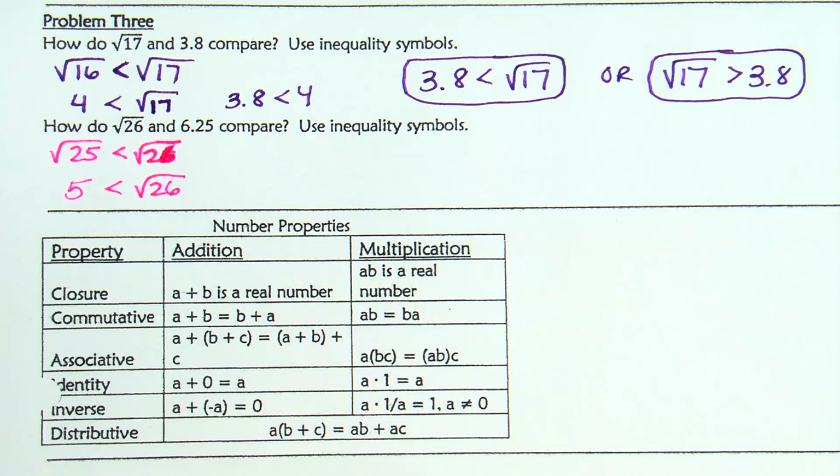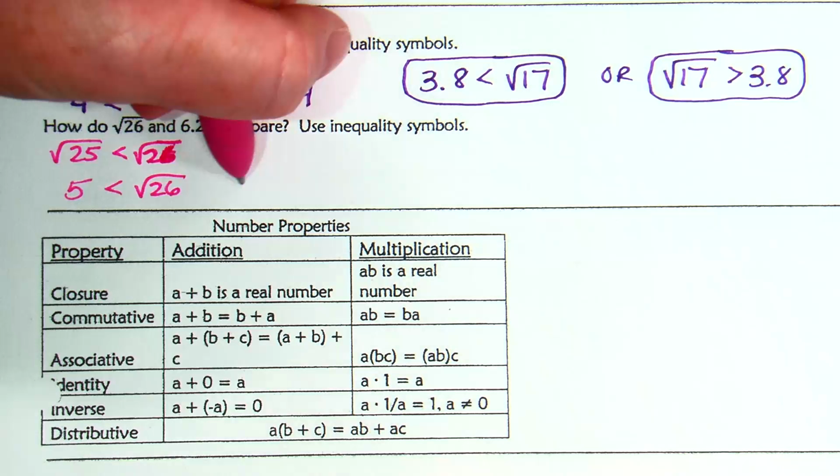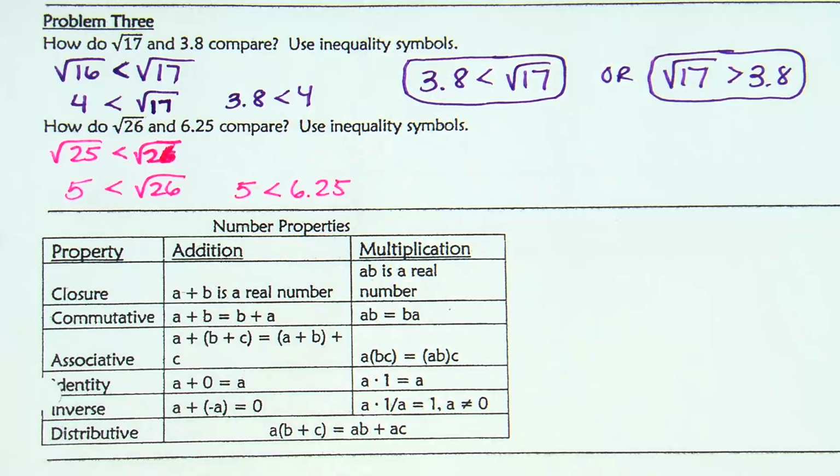Okay. Now, what do we know about 6.25? Okay. So look at the situation we ended up with here. Square root of 26 is bigger than 5, and 6.25 is bigger than 5. Did that help us any? Nah, not exactly, did it? I mean, we're close, but here's the deal.